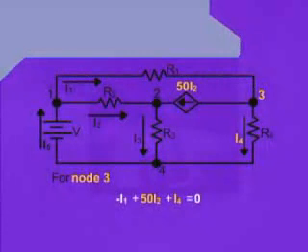Also, the current source, which is having a value of 50 I2, is leaving the node 3. Therefore, our equation will be written as minus I1 plus 50 times I2 plus I4 equals 0.